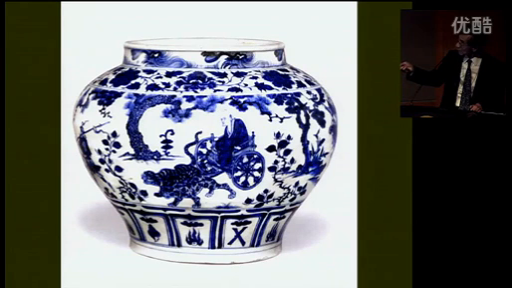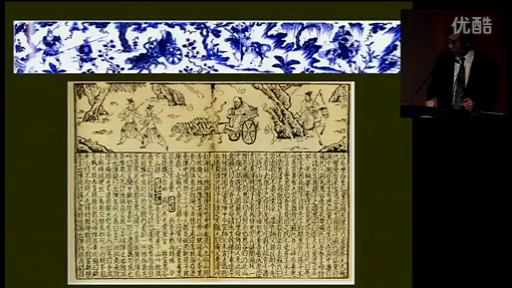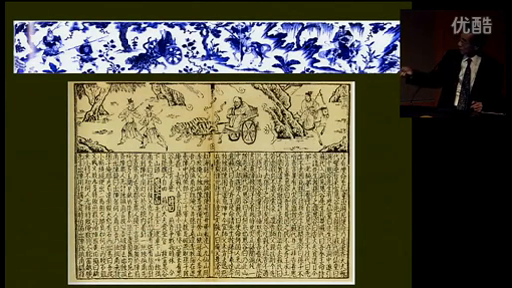We'll talk about that in a minute, and also a floral scroll, which are also standard decorative motifs. But the main field of the decoration very often is a scene from a play or a popular story, and they are copied from printed books of popular stories.